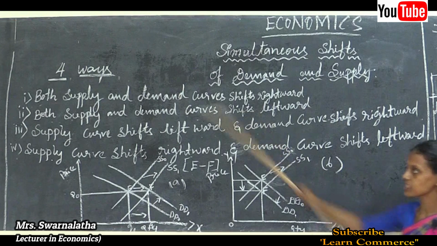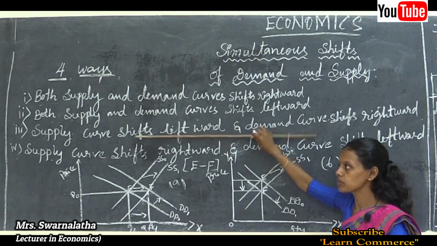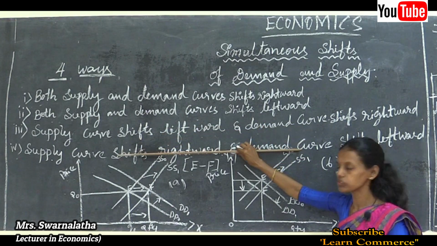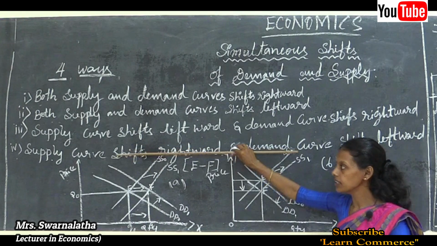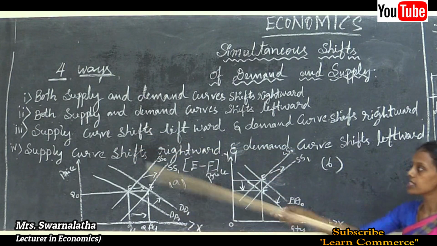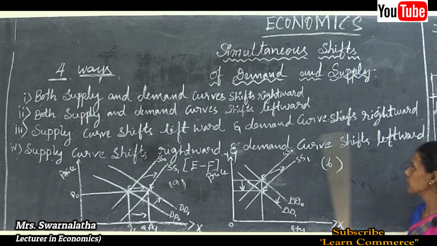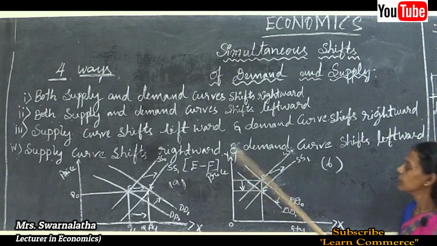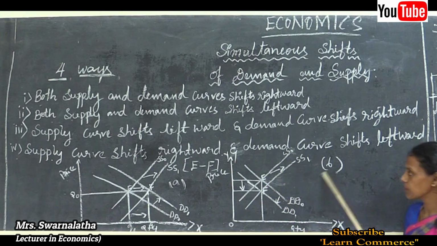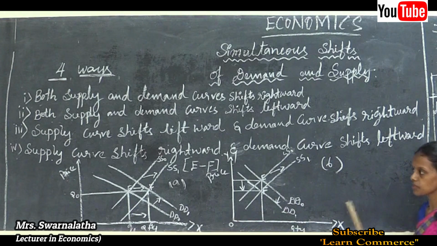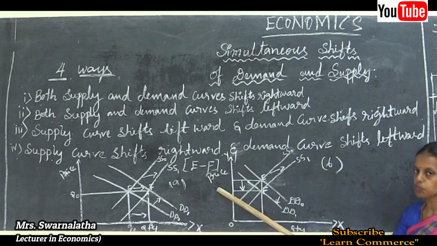Panel B explains the third possible way to equilibrium, the simultaneous shift of the demand and supply curves, that is the simultaneous shift of the supply curve rightward and the demand curve leftward. So, in panel B, the OX axis represents quantity and OY is price.